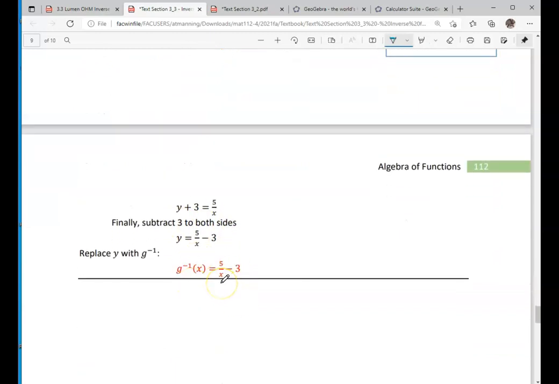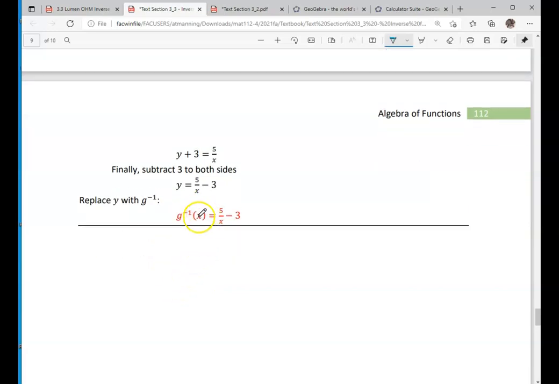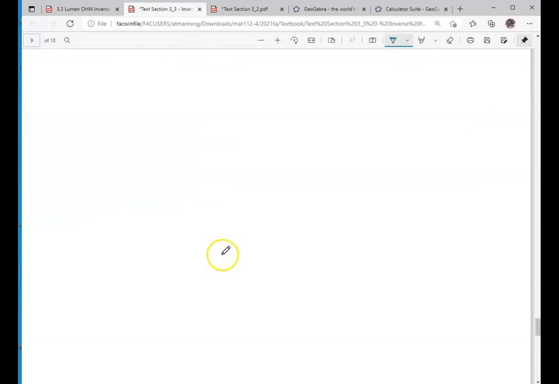And there's their inverse finally. And it doesn't matter what letter you have, g inverse, f inverse, just like with the placeholder x is just saying, hey, some number goes here. Same with the letter for the function. Some function, I give it a name, does something to its input.